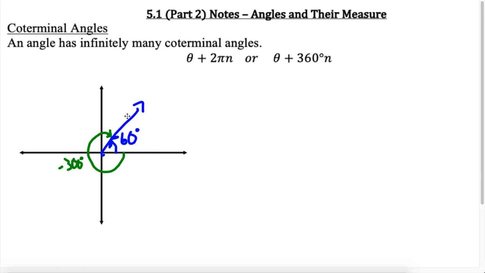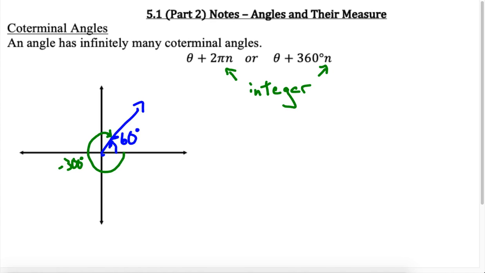Right? I could subtract another 360 degrees. So in our formulas here, we say that n is any integer. So an integer can be positive or negative, right? Okay, so I'm either adding or subtracting a full rotation to get an angle that ends in the same spot.